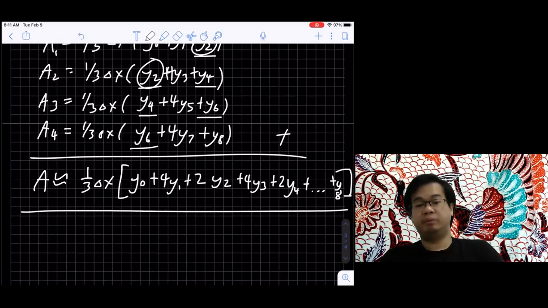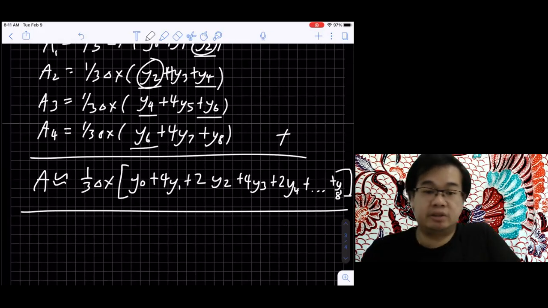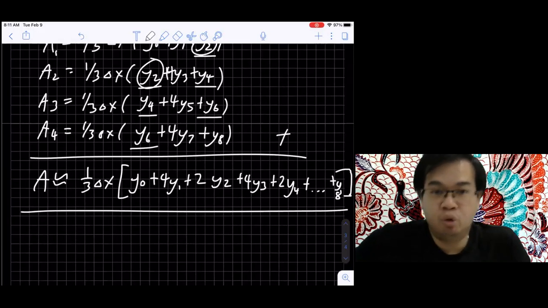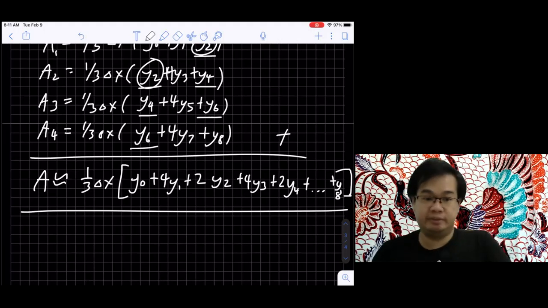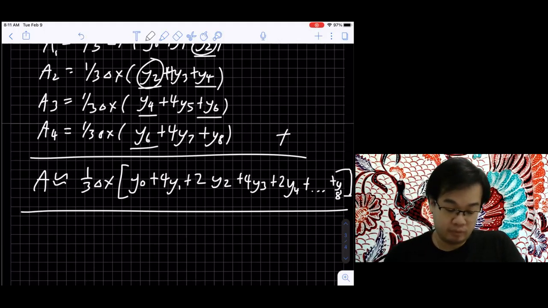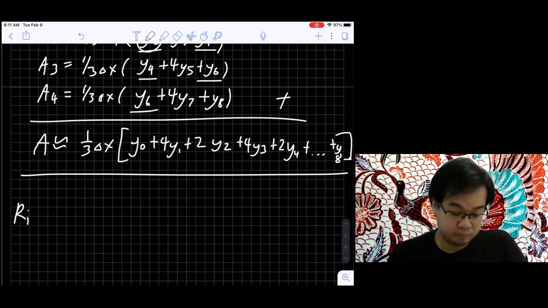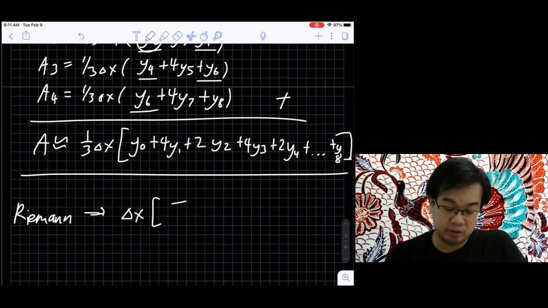For Riemann sum, the sum of the y's, the coefficient is just 1 1 1 1 1 1 1, right? For Riemann sum, it's basically delta x times y0, y1, y2 until yn.